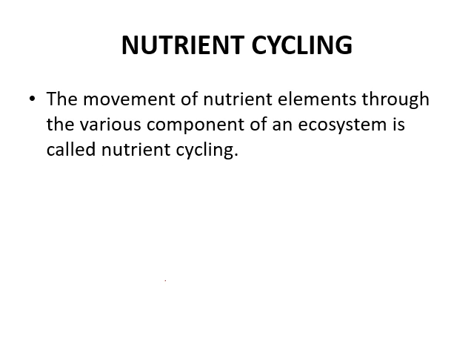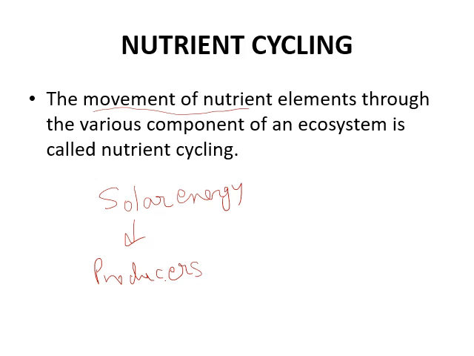Nutrient cycling. What happens? It is the movement of nutrients through various components of an ecosystem, that is called nutrient cycling. Like we can see there is the sun, which is the ultimate source of energy. So solar energy is trapped by producers, and then producers provide food or nutrients to consumers.